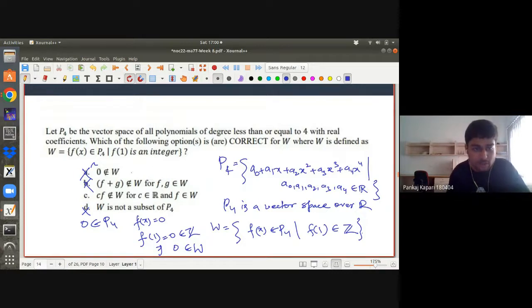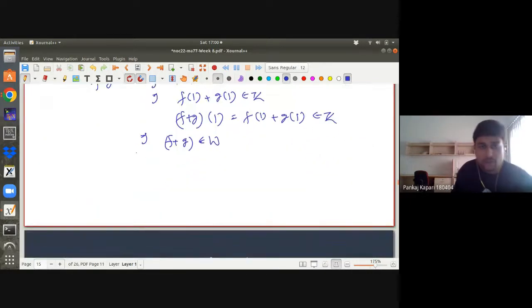Now we have to check option C. It says that if f is in W and you take C as a real number, then cf does not belong to W. You can see that this is correct. Why? Let's take a constant polynomial, f(x) equal to 1. This belongs to W because it is a constant function and it takes value 1.